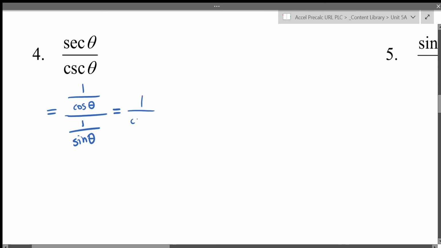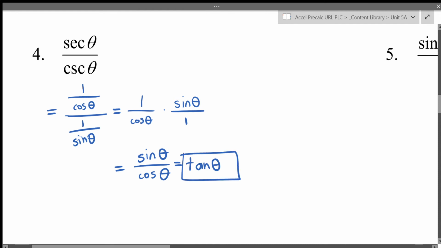So basically, this is 1 over cosine theta times sine theta over 1. I should really work vertically here. Let's get in the habit of working vertically for these. That is sine theta over cosine theta, which is tan theta. Good. Reciprocal identity: secant theta is 1 over cosine theta, cosecant theta is 1 over sine theta, and at that point it's just algebra.